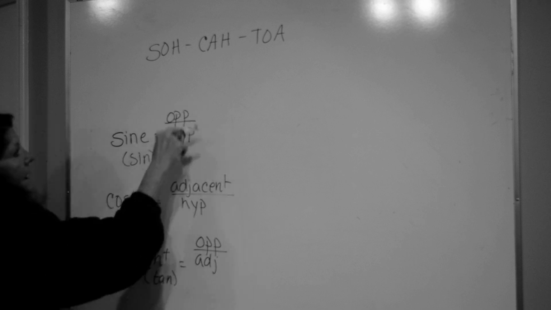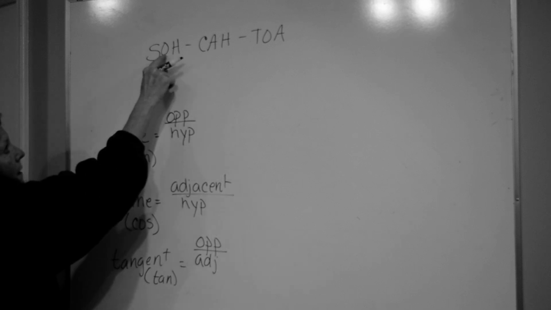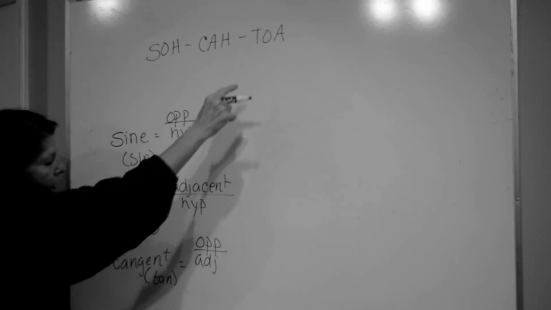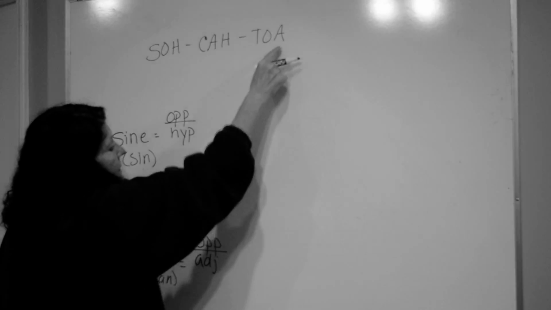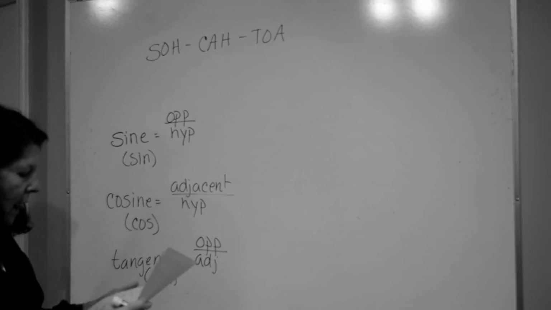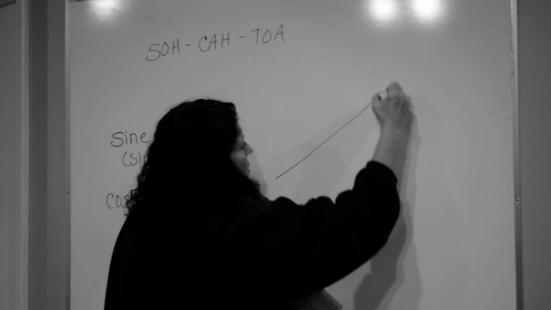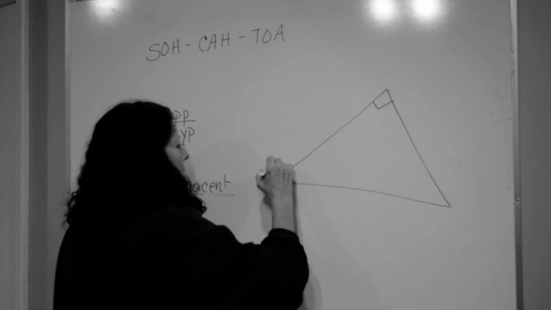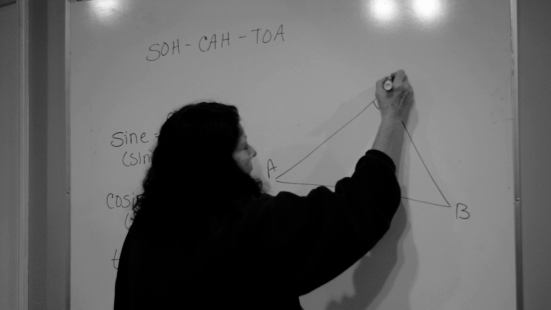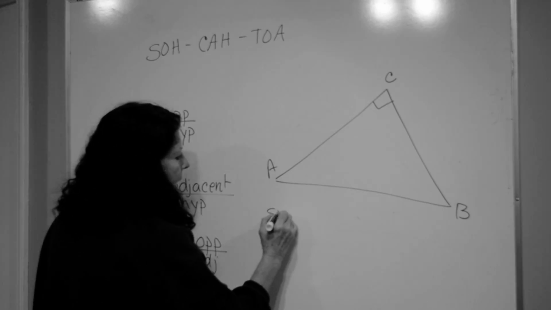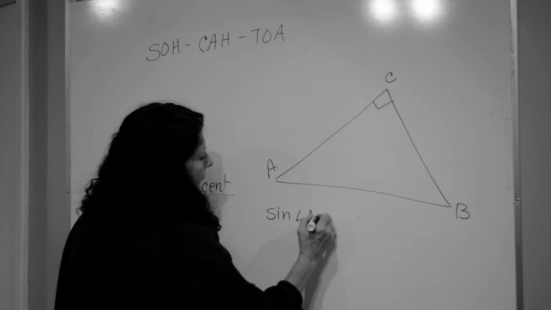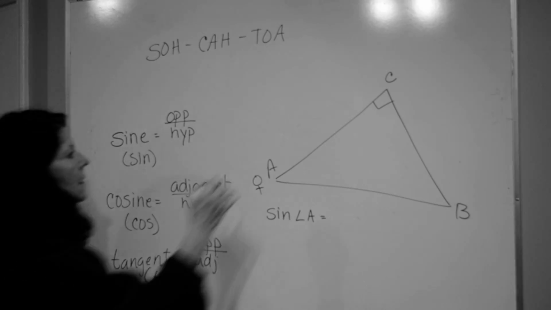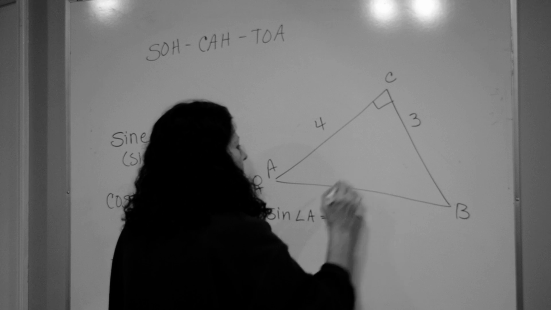So you can see that these come from that. Sine, opposite over hypotenuse. Cosine, adjacent over hypotenuse. Tangent, opposite over adjacent. So if you have an actual triangle that is a right angle, and I want to know the sine of angle A. That means I'm standing right there at angle A. Now I've got some values here.